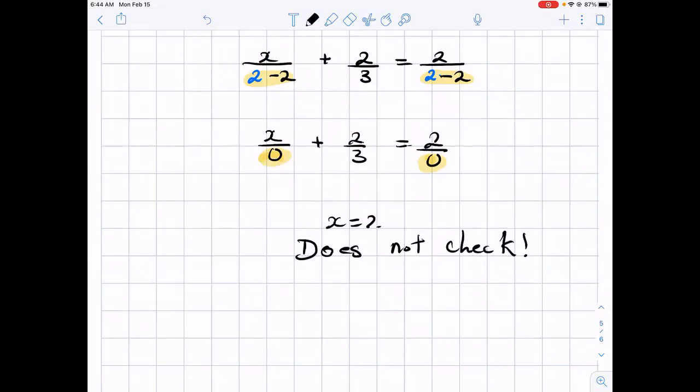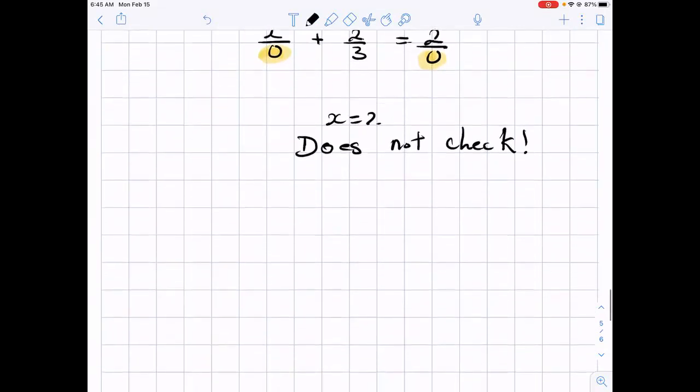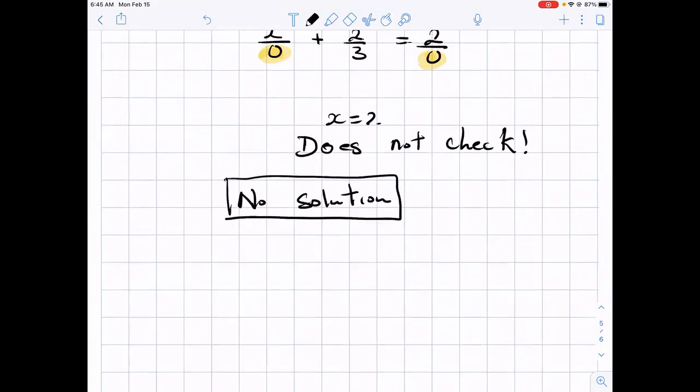So there is no solution. Although you got an answer, the answer you get does not work. So the problem does not have a solution.